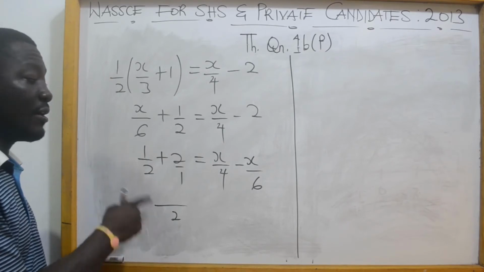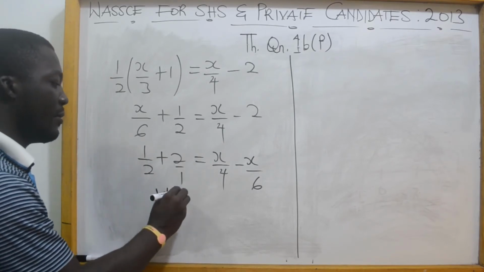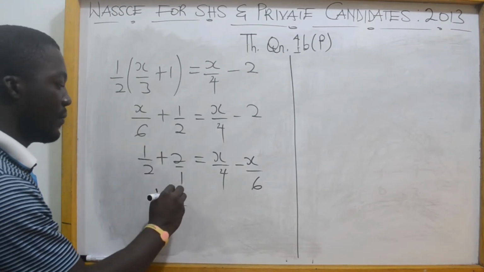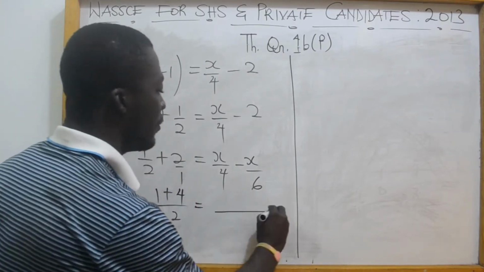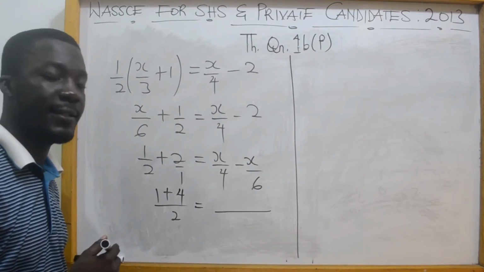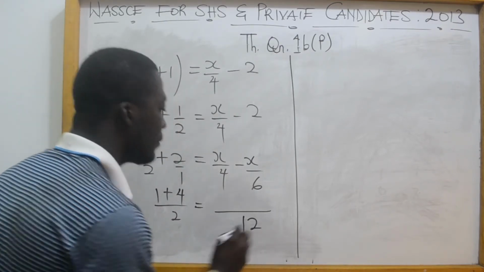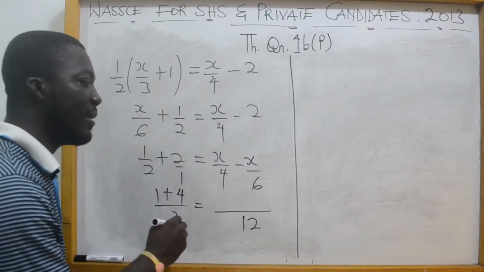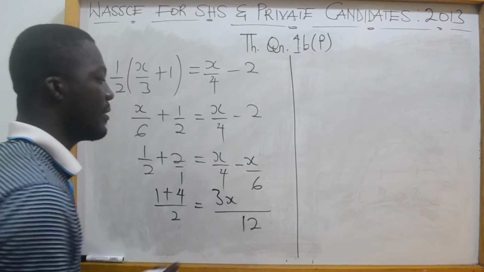Now, this one out of 1, we find the least common denominator here is 2. 2 into 2 is 1, 1 times 1 is 1. Plus 1 into 2 is 2, 2 times 2 is 4. This is equal to, and here the least common denominator between 4 and 6 is 12. 4 into 12 is 3, 3 times x is 3x.